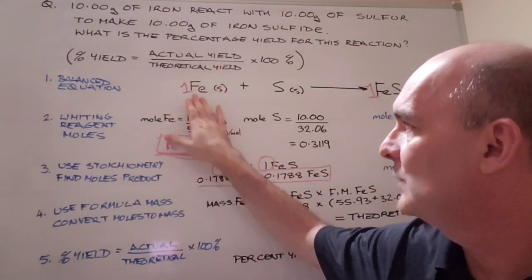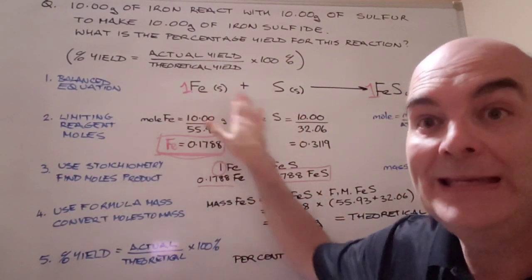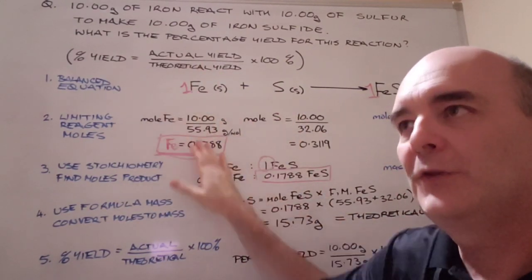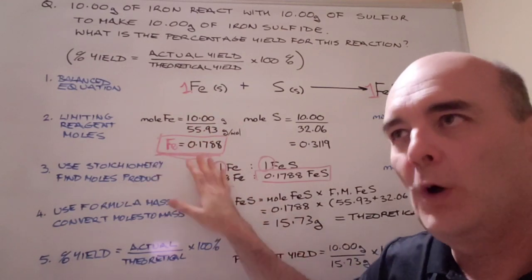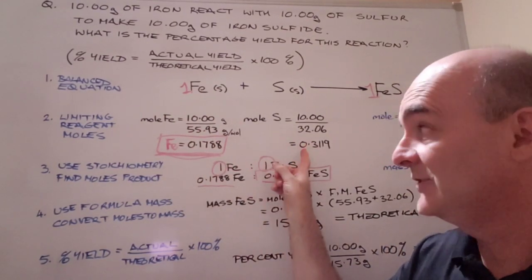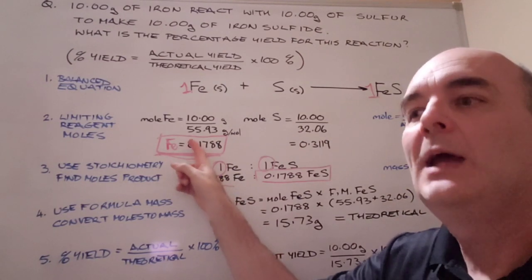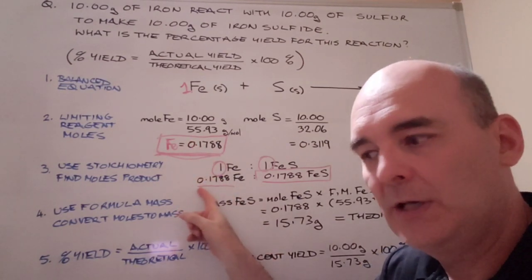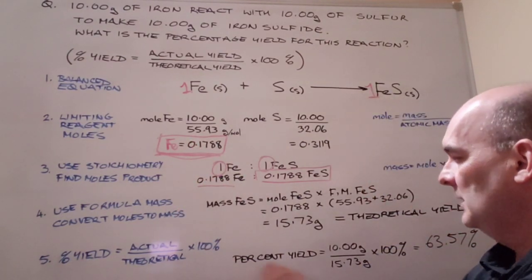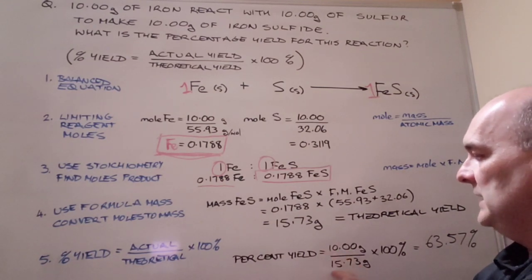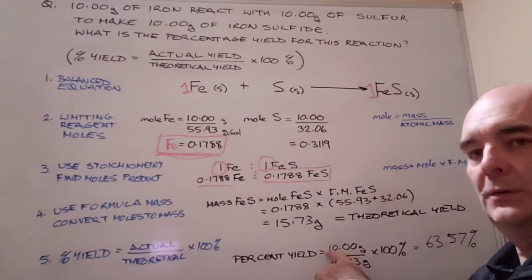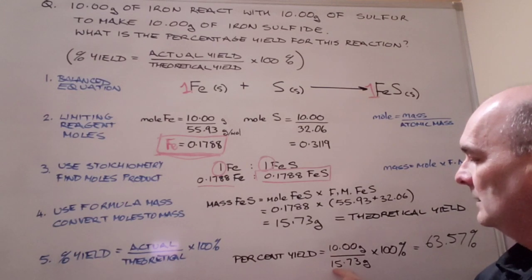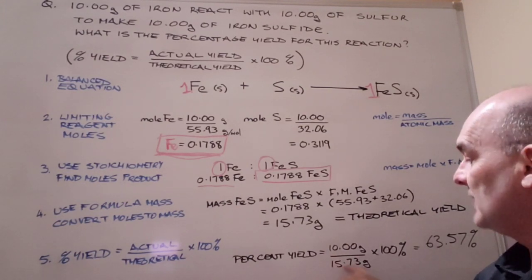We have to take into account that iron and sulfur weigh different amounts. We convert them into moles. We find that one of them is in excess, one of them is limiting, and we work only with the limiting number. That gave us these numbers now. Actual was 10 grams. Theoretical was 15.73.